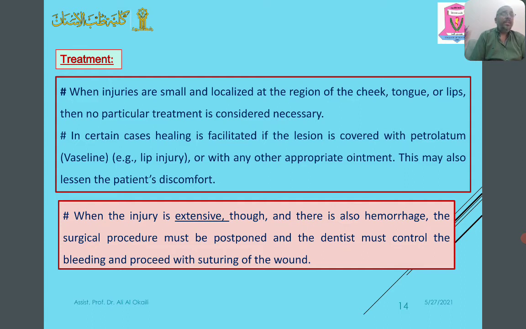With any other appropriate ointment, this may also lessen the patient discomfort. And when the injury is extensive, there might even be associated hemorrhage, the surgical procedure must be postponed and the dentist must control the bleeding and proceed with suturing، حتى تحتاج أحيانا تسوتشر المنطقة.